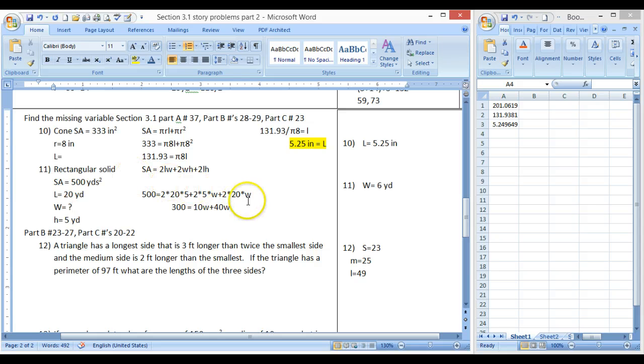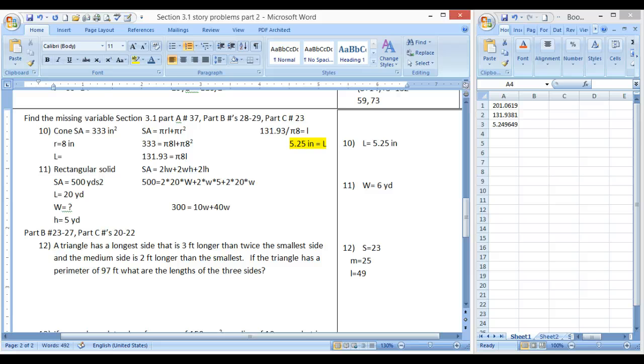Now I just need to start plugging things in. Surface area is 500, so I'll plug that in. 2, the length is 20, and the width, I don't have the width, so I'm going to put that in as W. Then I have 2 times W times the height, which is 5.